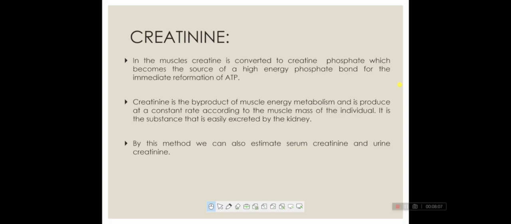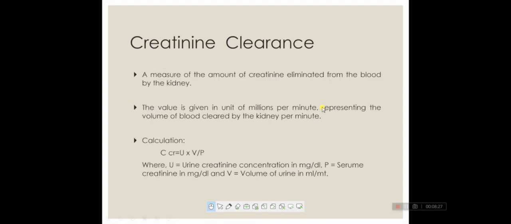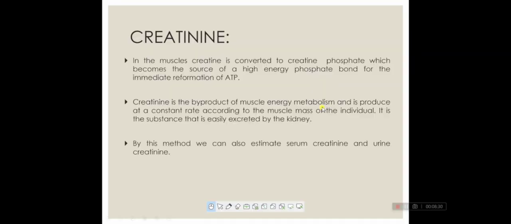It is produced at a constant rate according to the muscle mass of the individual. Creatinine is observed in the renal function test because creatinine levels in the blood can vary depending on age and body size. It is a substance which is easily excreted by the kidney.